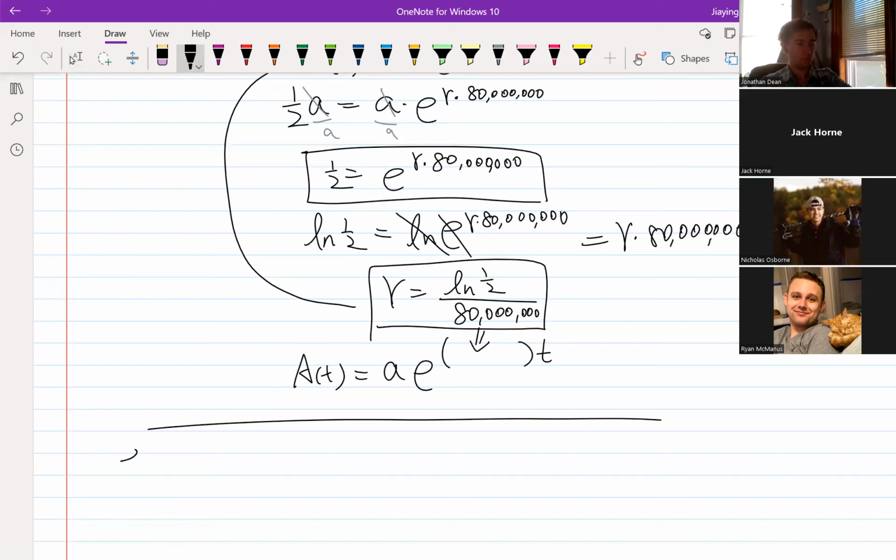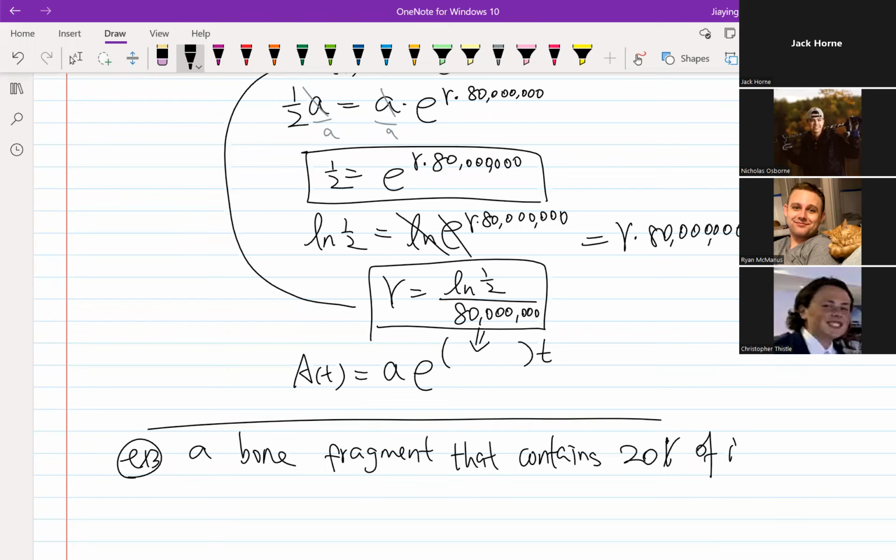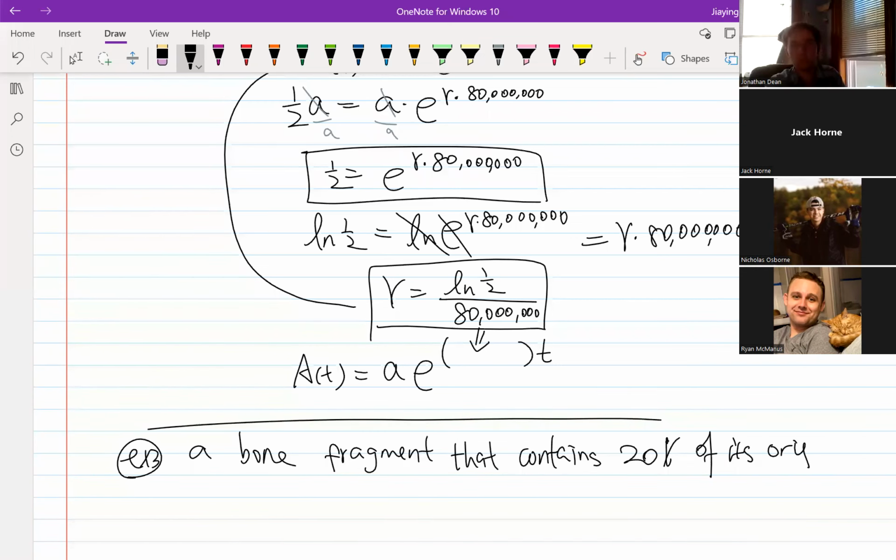All right, here's the second example of this half-life. It says a bone fragment that contains 20% of its original carbon-14.